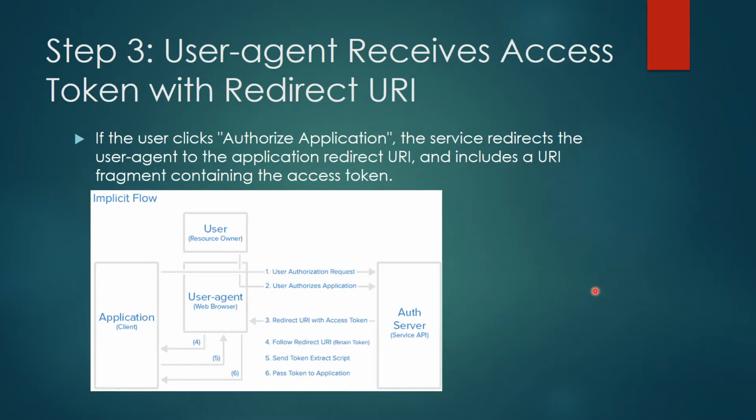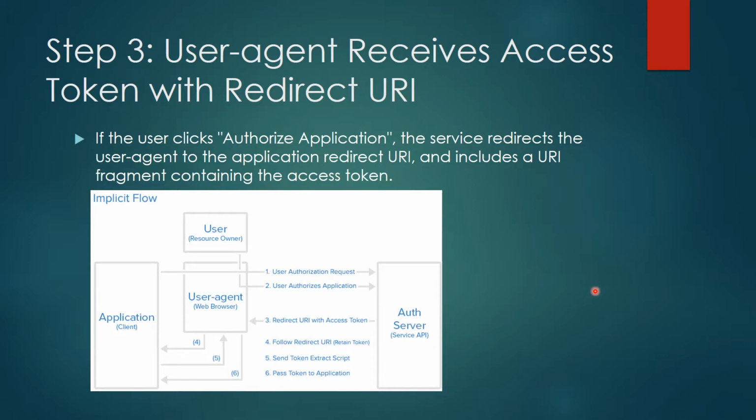Okay, so the third step is basically the user agent receives the access token with the redirect URI. If the user clicks authorize application, so approves that, the service redirects the user agent to the application's redirect URI, which is of course normal, and we saw that procedure in the previous flow, and includes a URI fragment containing the access token.